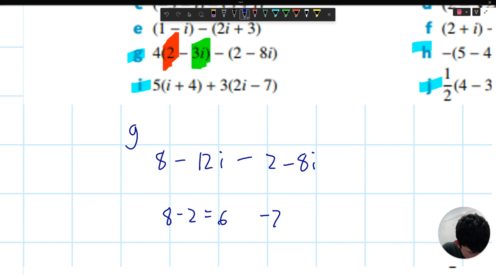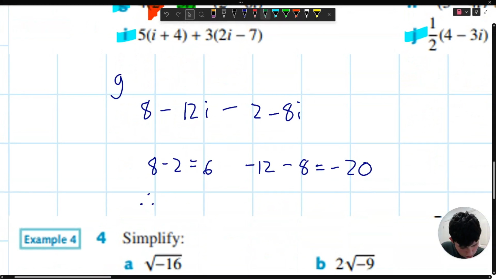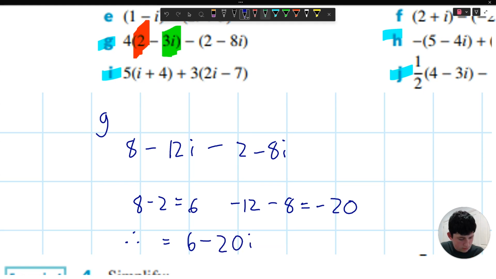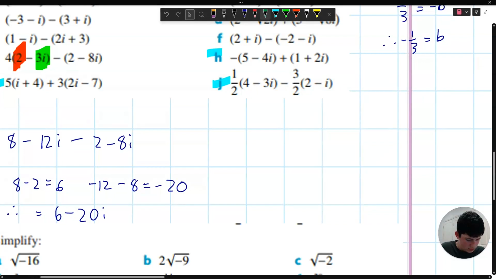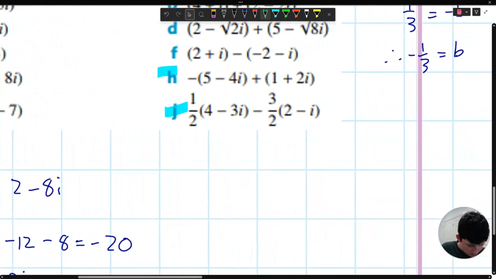And negative 12 minus 8 equals negative 20. Therefore, it is equal to 6 minus 20i. I think we'll need to add more space here, but we can work with this for now.